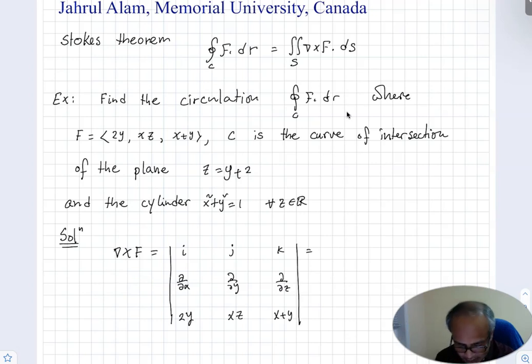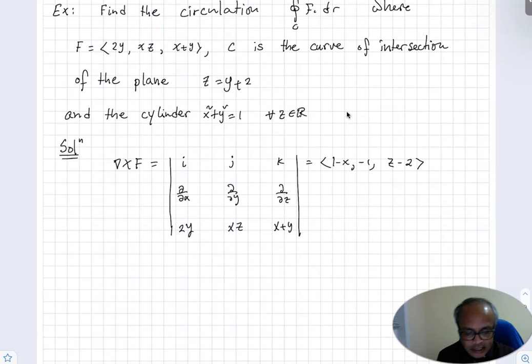You can easily find the curl of this vector field by calculating the cofactors: (1 minus x, minus 1, z minus 2). Maybe you can take a minute and cross check that and let me know if I have made a mistake. Your next step is now to solve the surface integral.